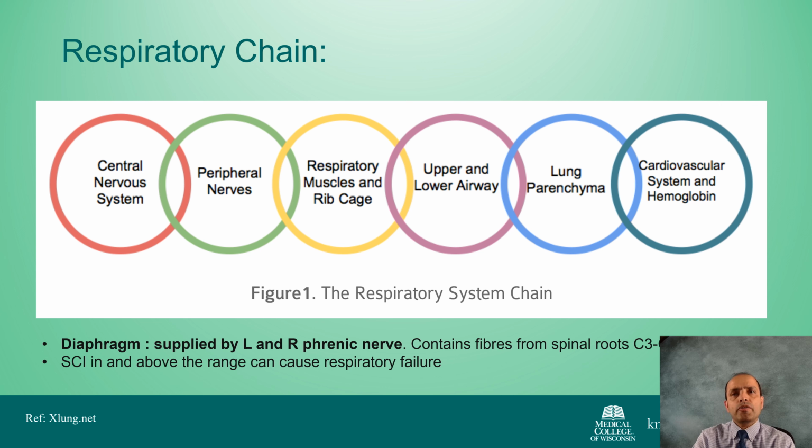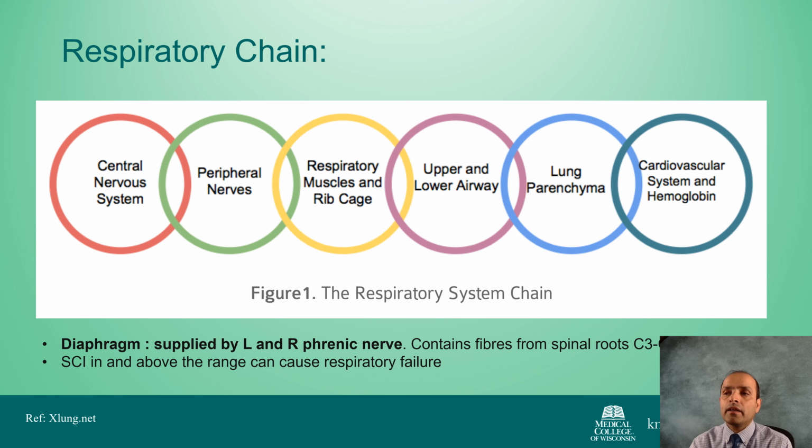So talking about the respiratory chain, it starts from the central nervous system, then goes down the peripheral nerves, and then respiratory muscles and rib cage. These first three of this chain constitute something we call the ventilatory apparatus. So somebody who has trouble with these three rings of this chain gets an increase in carbon dioxide.